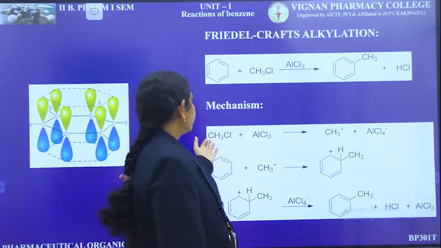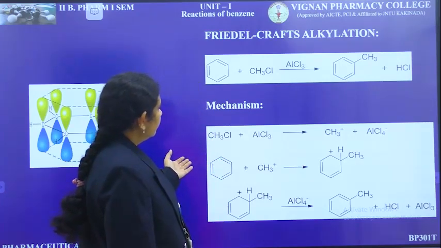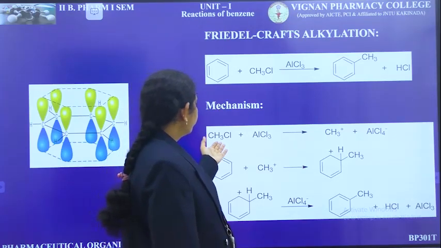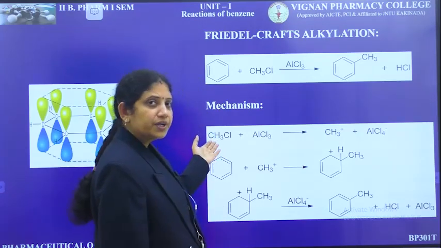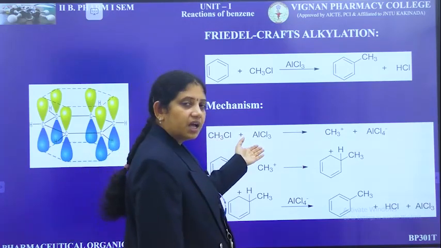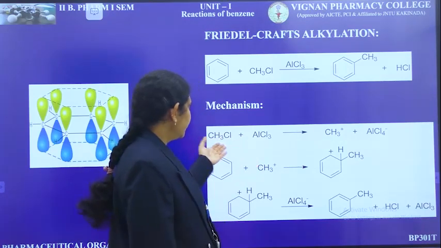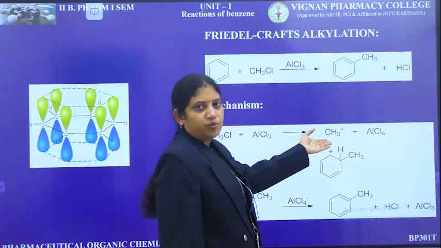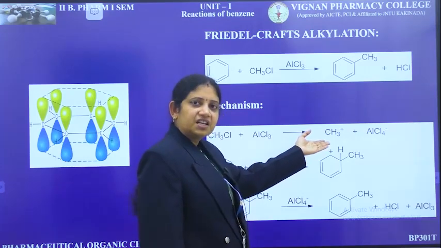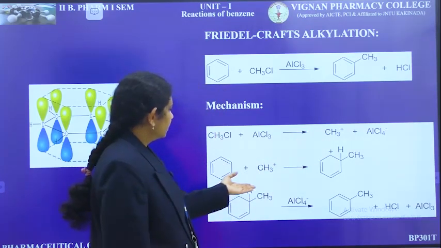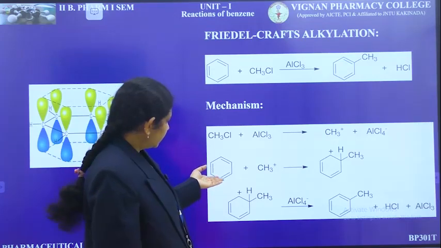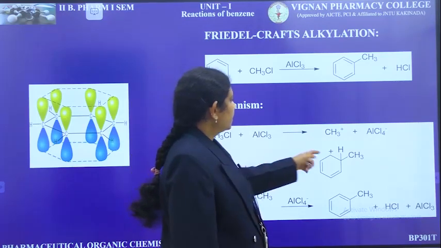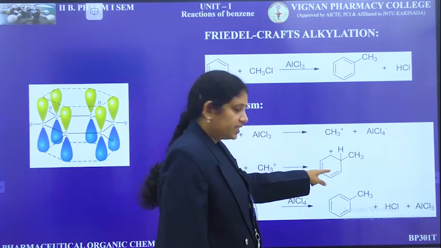At the time, the halogen atom of this methyl chloride is going to interact with the Lewis acid, leaving the methyl chloride as a methyl carbonium ion. The so generated electrophile is going to react with benzene, and thereby it can be converted into an arenium ion in this way.